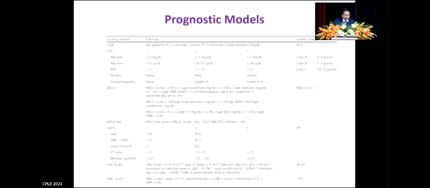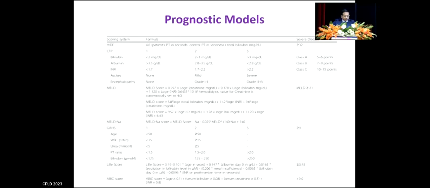The MELD score, which has the INR, bilirubin, and creatinine, and a MELD of more than 21 is called severe disease. I'll talk of this a little more in detail on what is the role of MELD in prognosticating alcoholic hepatitis. Then MELD sodium, the Glasgow alcoholic hepatitis score, which has age, white counts, urea, prothrombin ratio, and bilirubin.